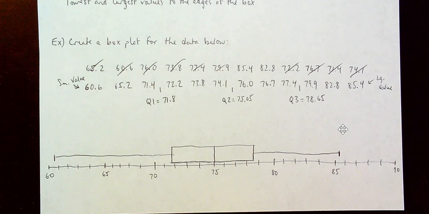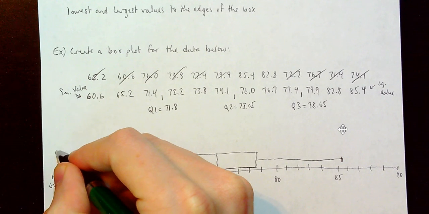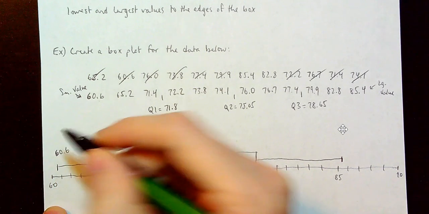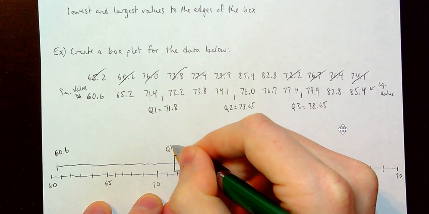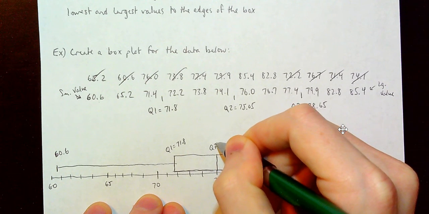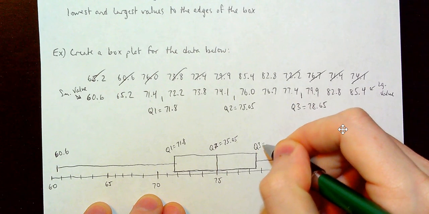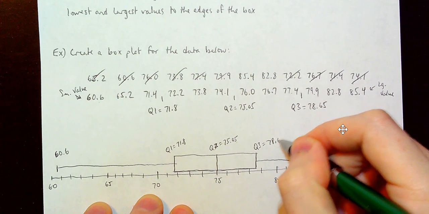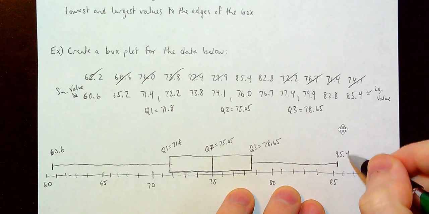So this is what your box plot or your box and whisker plot would look like. It's not that uncommon to see the values actually written out. So your smallest value, your quartiles, 78.65, and then your largest value here of 85.4.